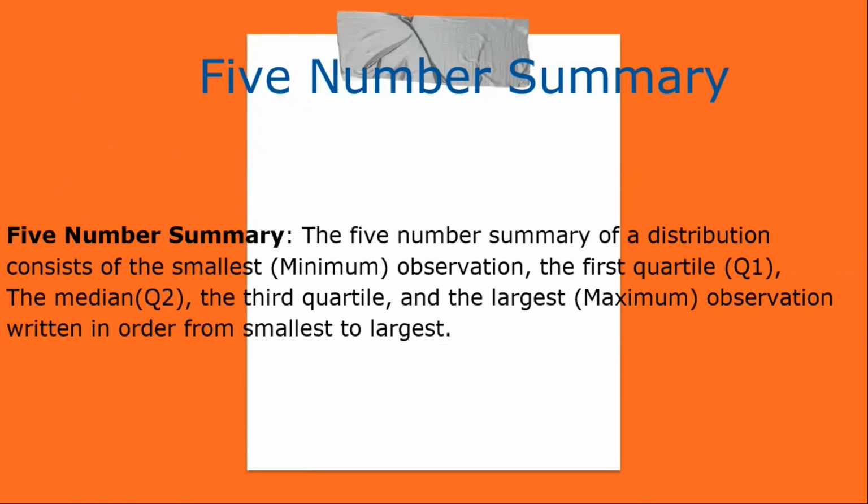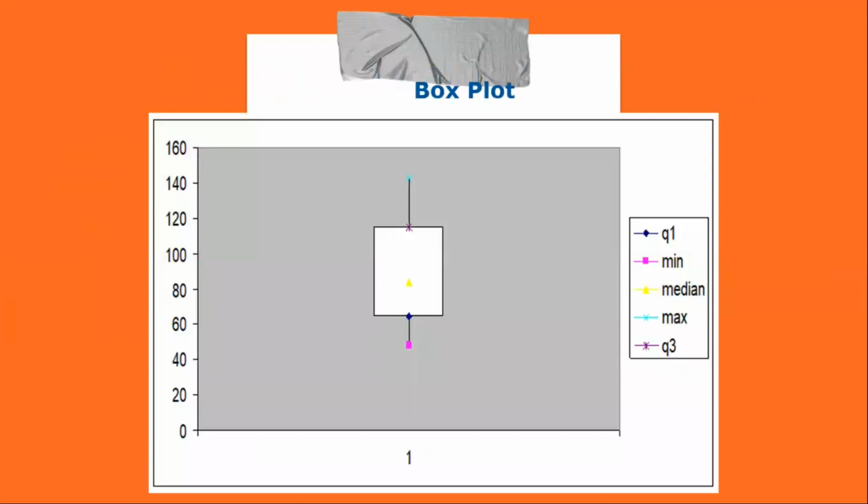A box plot is a graph of the 5-number summary. The central box spans the quartiles. A line within the box marks the median. Lines extending above and below the box mark the smallest and the largest observations, i.e., the range. Outlying samples may be additionally plotted outside the range.